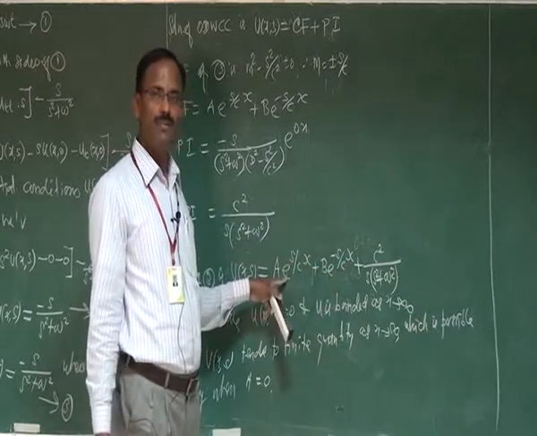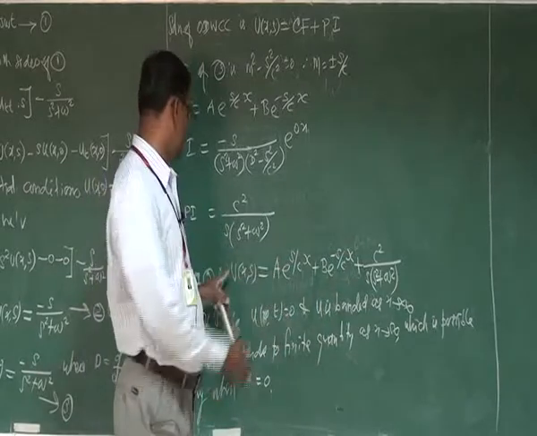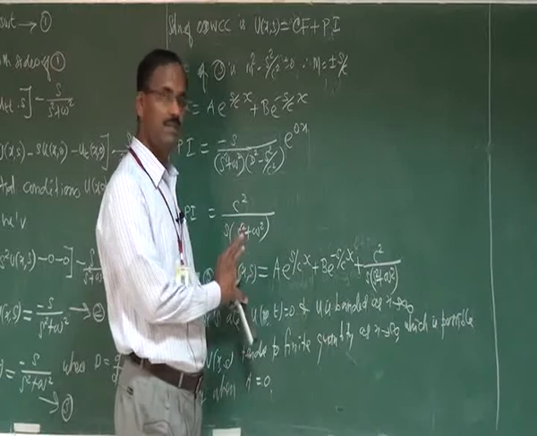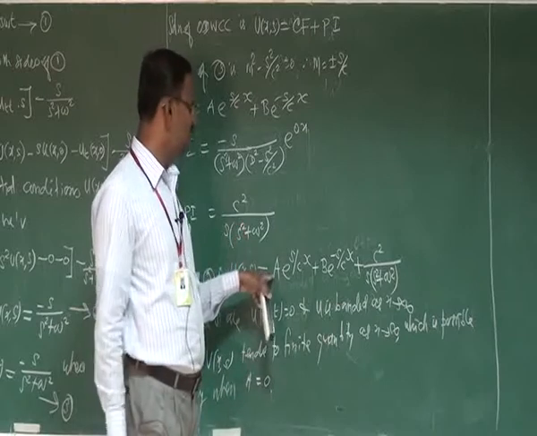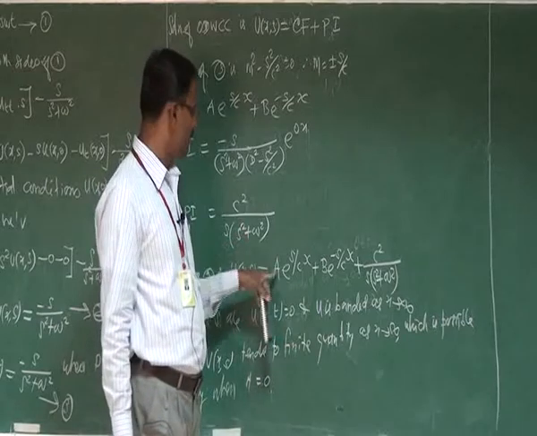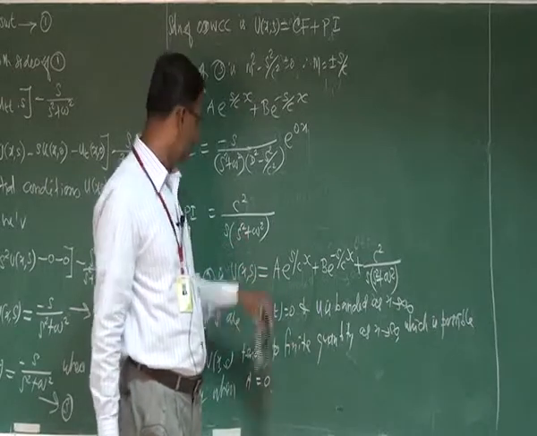Here e power infinity into a becomes infinity, so u would be infinite, which is not possible. That's why when a is equal to 0, u is always bounded. That's why a takes the value 0.